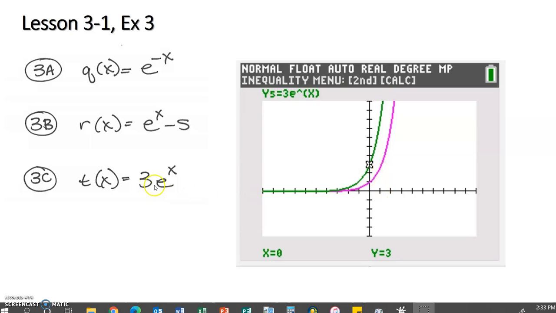If I plug a 1 into this equation, I'm going to multiply the natural base by 3, and I'm going to be much further up. And so this a value, when it's greater than 1, elevates the output and draws it closer to the y-axis. All right, I'm going to pause this video here, and we will do examples 4 and following in a subsequent video.